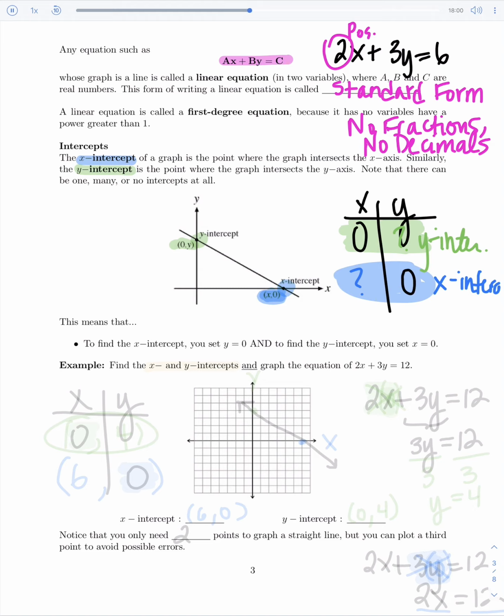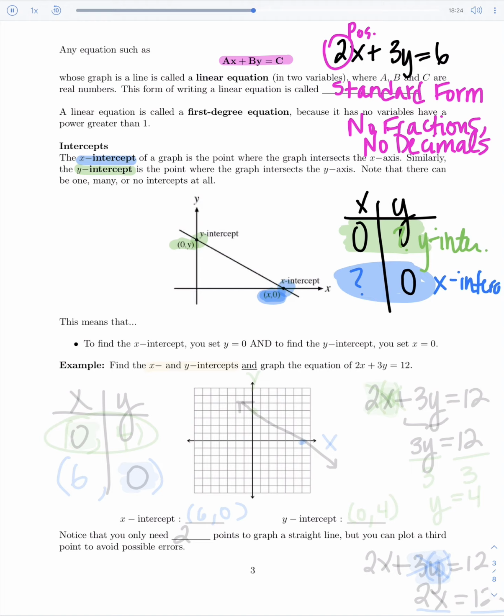Okay? So what we're always going to do, if they want us to graph something in standard form, is plug in 0 for X and 0 for Y to find our 2 intercepts. And that's all we'll need to do: plot those 2 points and draw our line, because we only need 2 points. So let's continue along and take a look at an example.